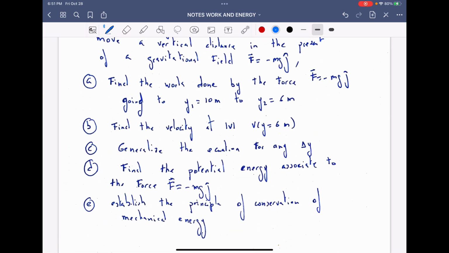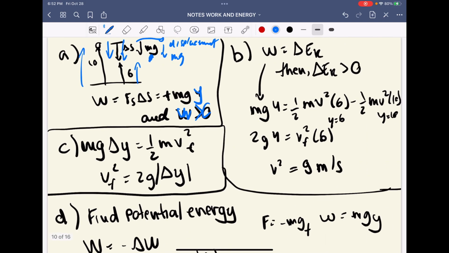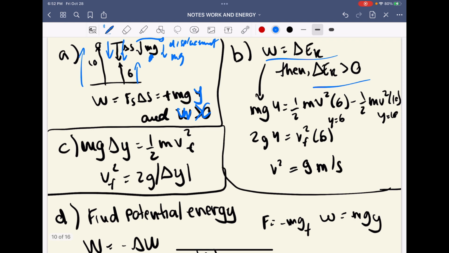Going to B, it says find the magnitude of the velocity v at y equals 6 meters. So we established the equation that work is equal to the change in the kinetic energy, so this is going to be greater than 0. It's always greater than 0, by the way, the kinetic energy.